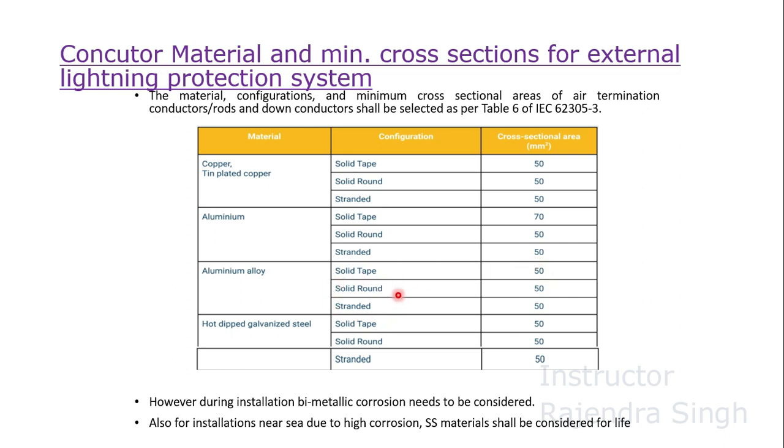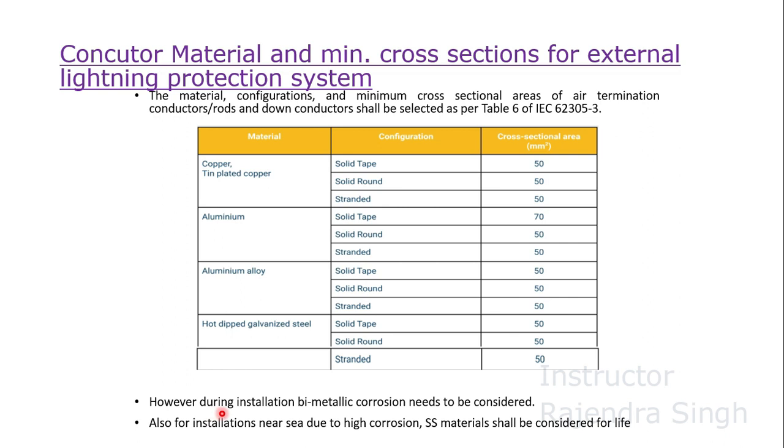For solid round and stranded also, 50 square mm would be the minimum. If it's hot dip galvanized steel, then for solid tape, solid round and stranded configurations, the minimum cross sectional area would be 50 square mm, which is ideally 8 mm dia.